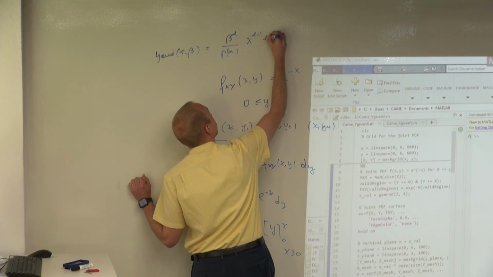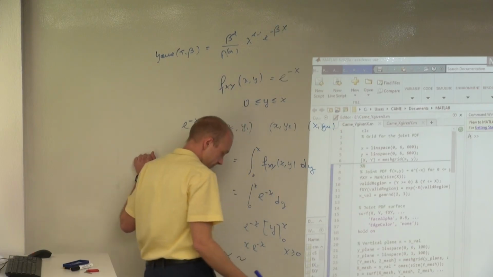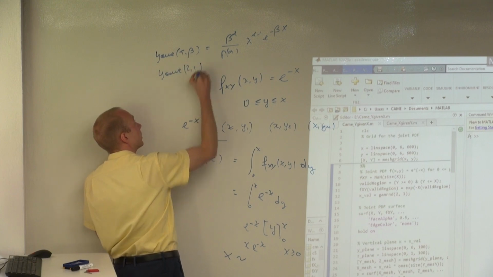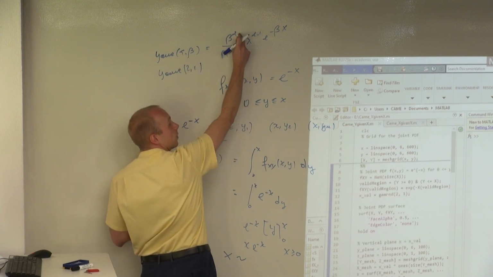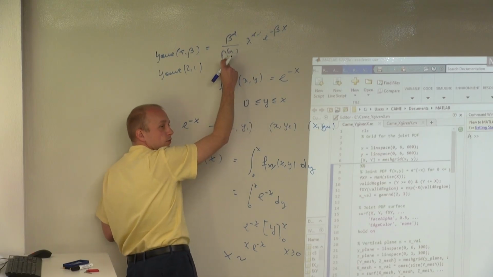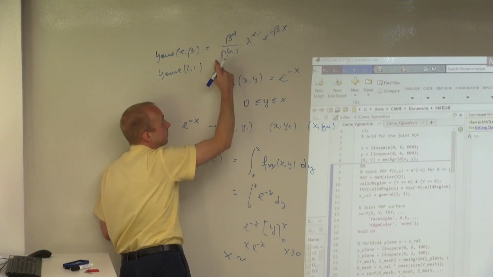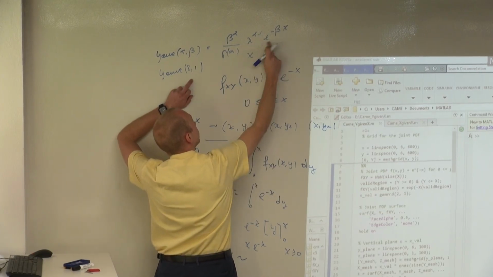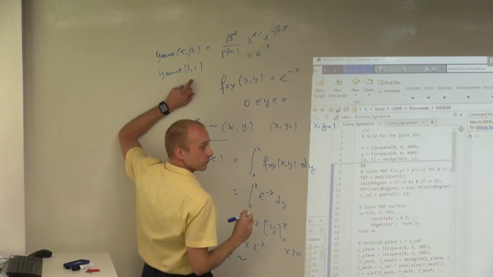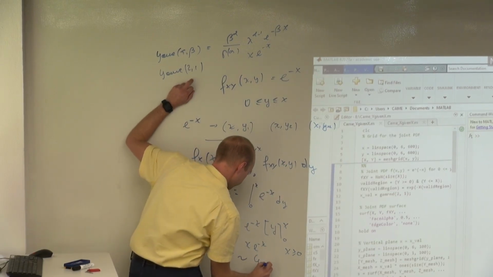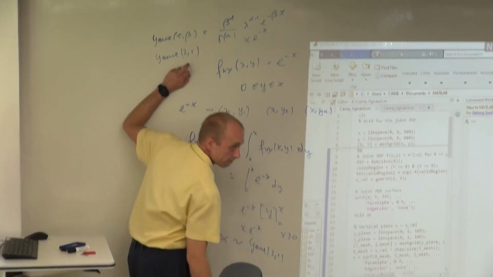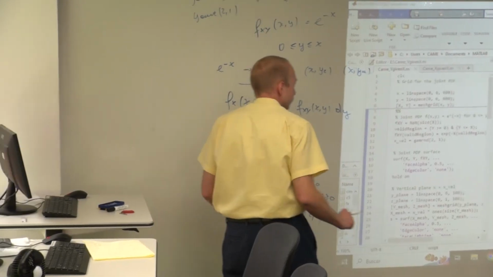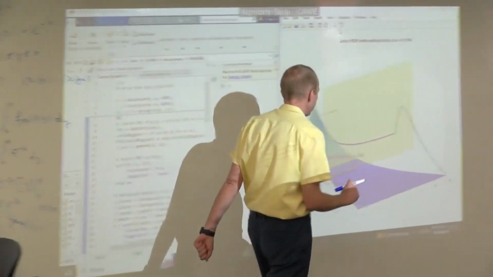So what would be the case for a gamma 2, 1? Gamma 2 is 1 factorial, 1, okay? x to the 2 minus 1, e minus x, no? So you see, this is a gamma 2, 1.